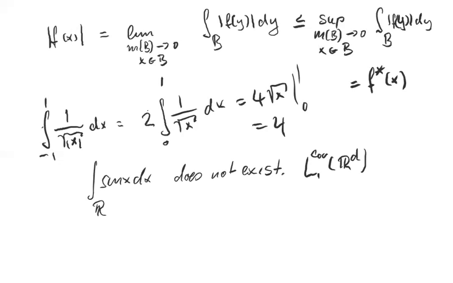And the proof of theorem 1.3, or 1.2, is actually pretty nice because it makes a nice use of the maximal function and Chebyshev's inequality. Does this answer the question? Yes, thank you, Professor.